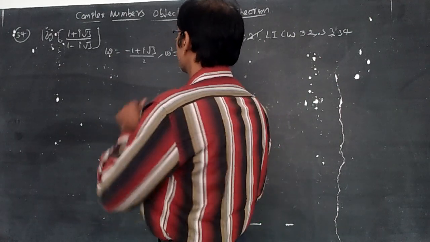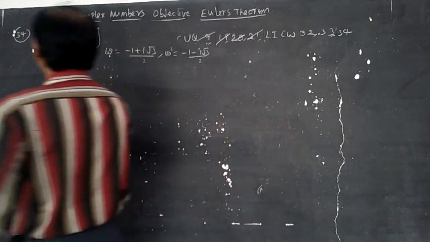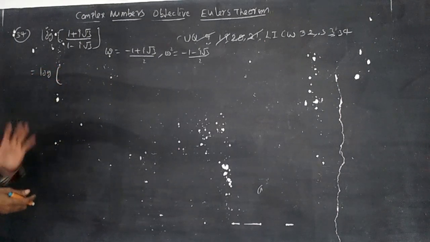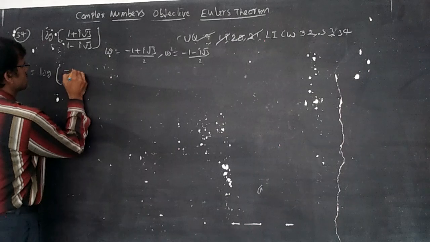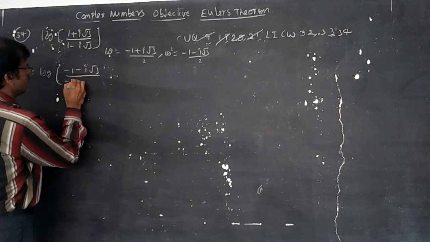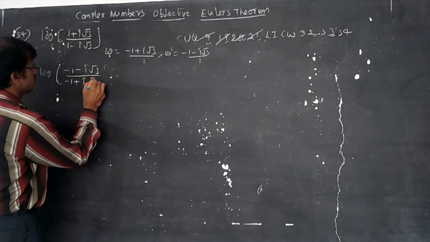So that is equal to log of, with the minus I am multiplying. Students, observe this: minus 1 minus i root 3 whole by minus 1 plus i root 3.